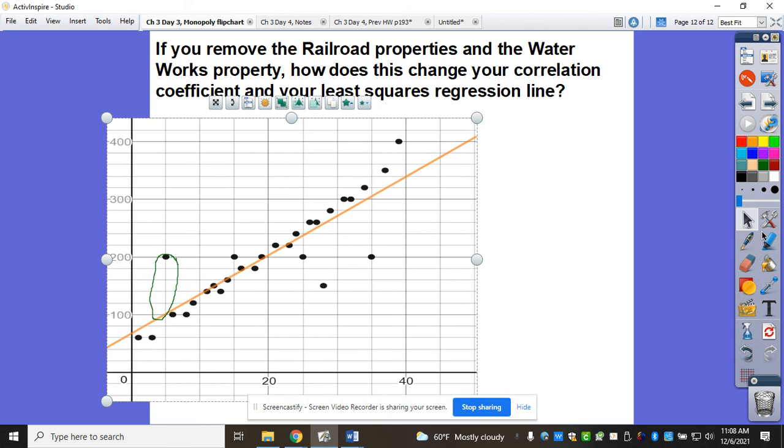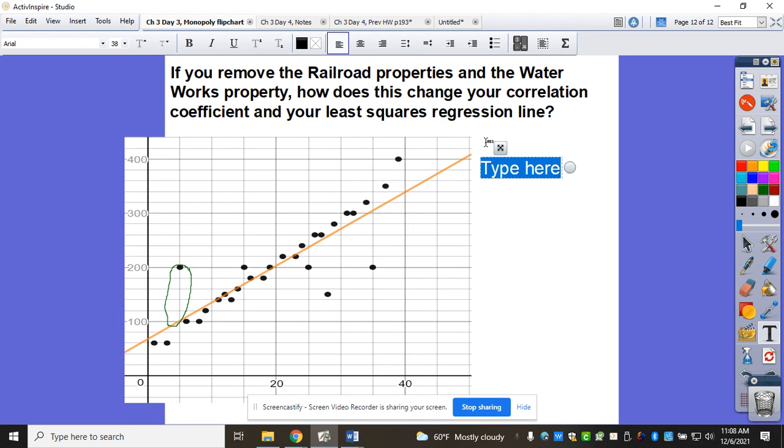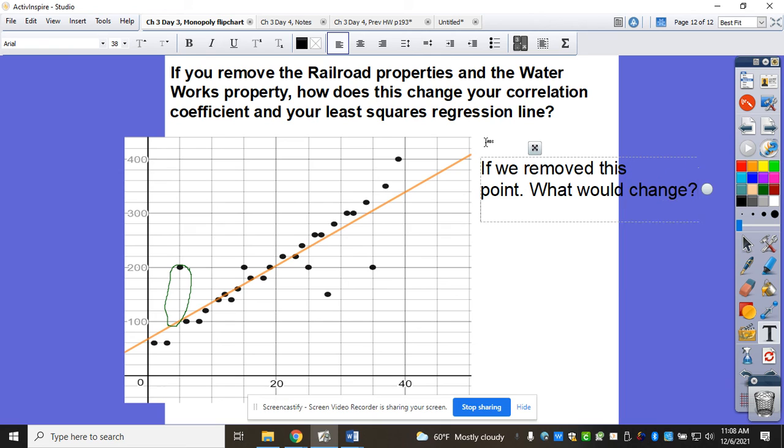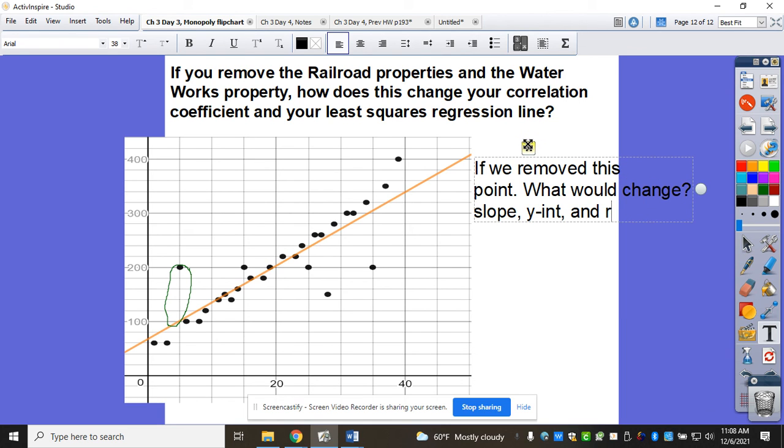If we removed this spot, what would change? Just that one. What else? That's in the problem that I read above. So what three things would change?